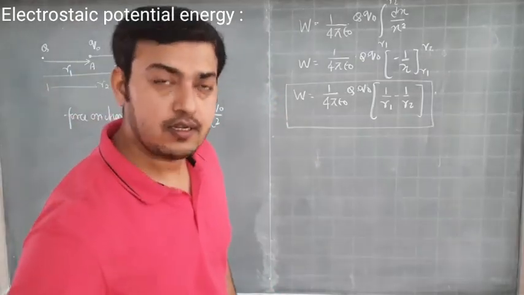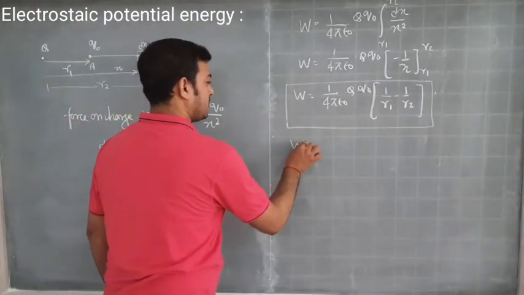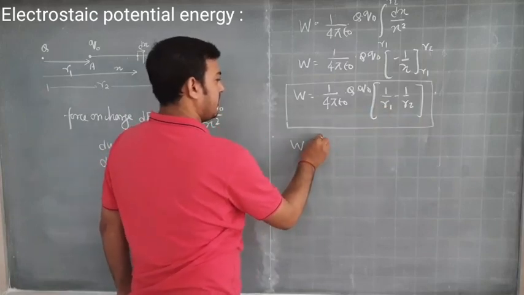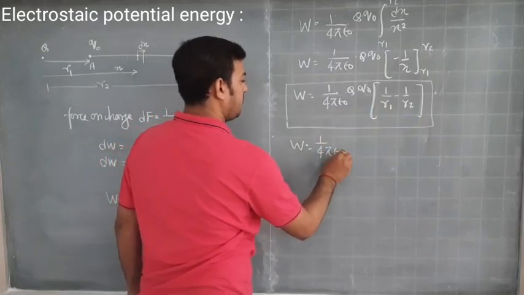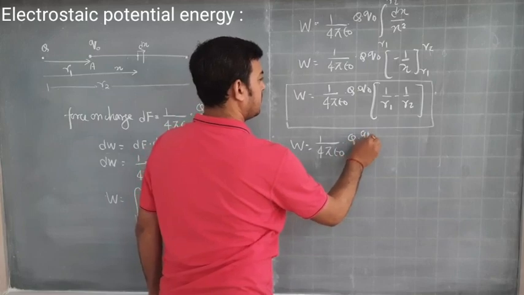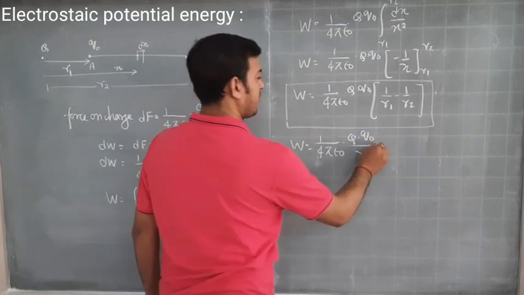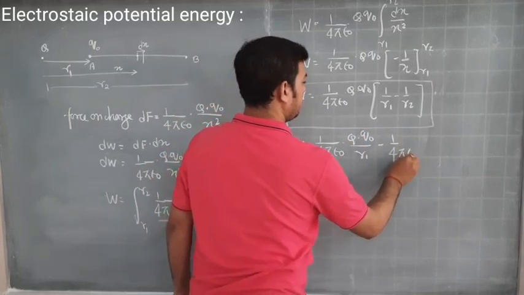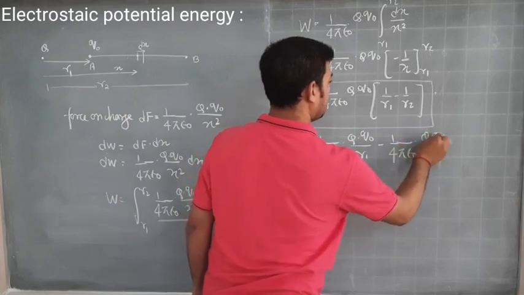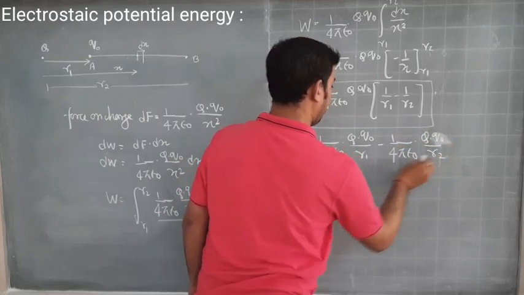If I simplify this more, we can write it as 1 by 4 pi epsilon naught q q naught by R1 minus 1 by 4 pi epsilon naught q q naught by R2.